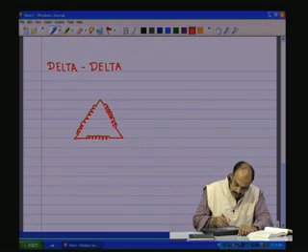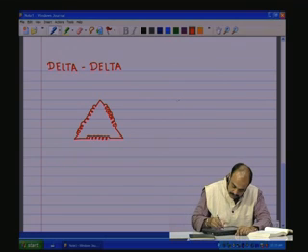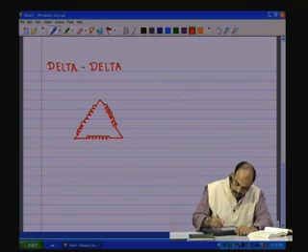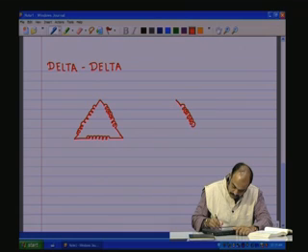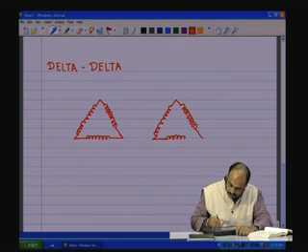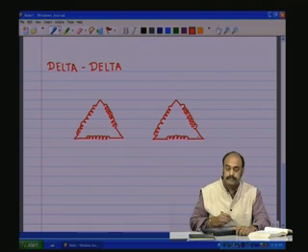Now, the secondary coils are also connected in delta, as shown here.